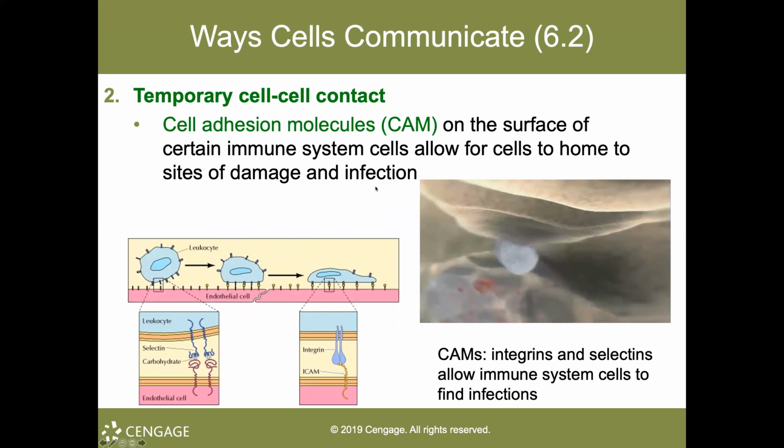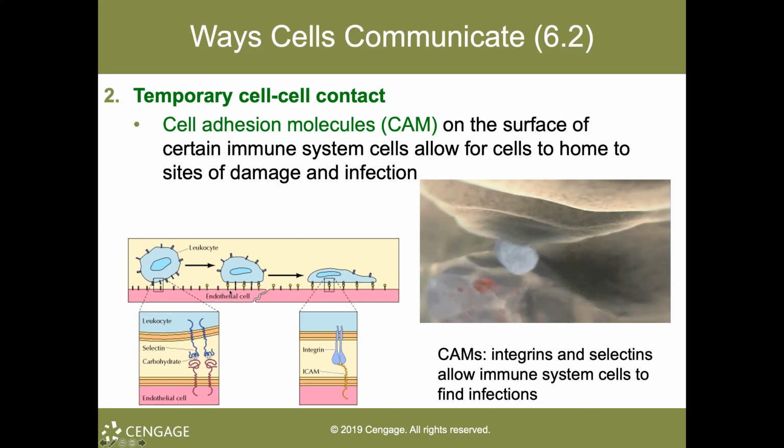Another way to get your signal to where it needs to be, you have leukocytes. Your leukocytes are white blood cells. They're going to carry their signals to sites of infection. All right, so they have to make temporary cell-to-cell contacts in order to home or move to the site of damage and infection.